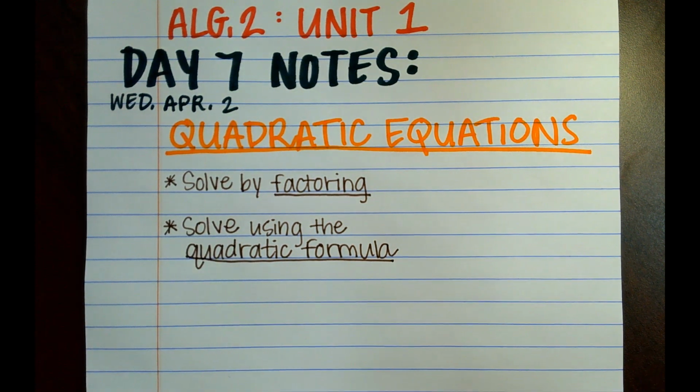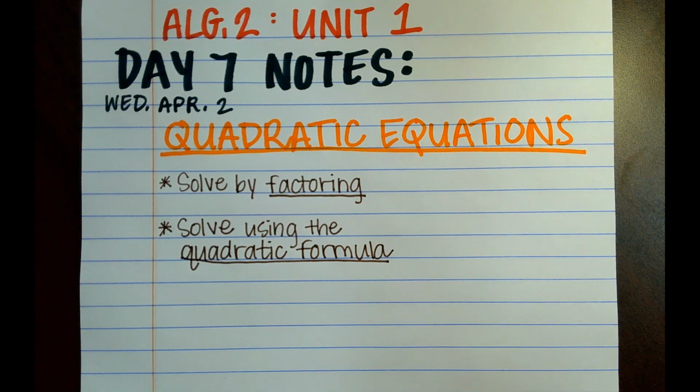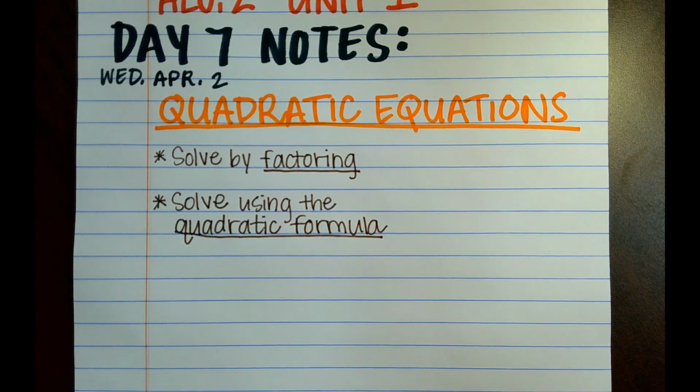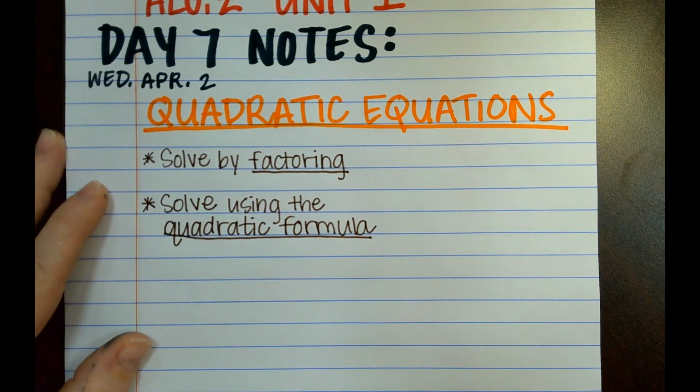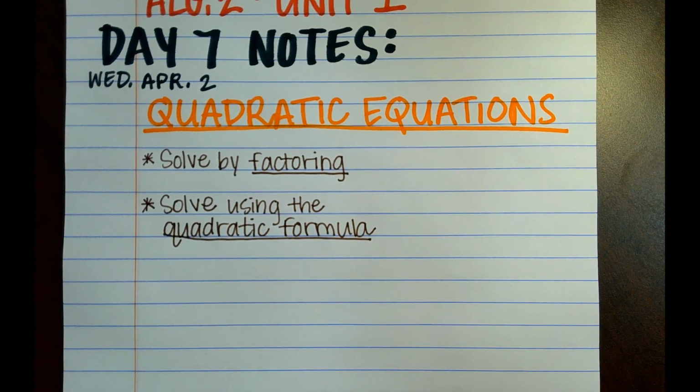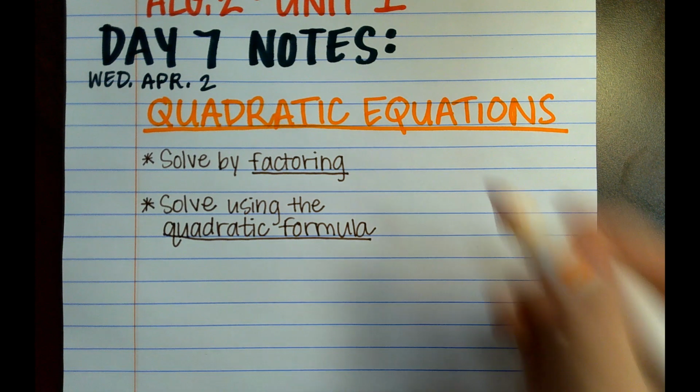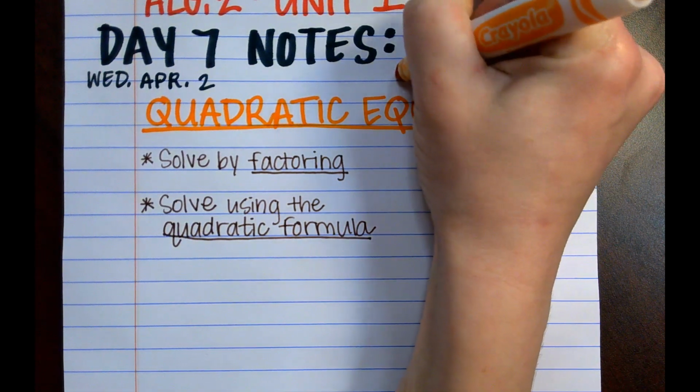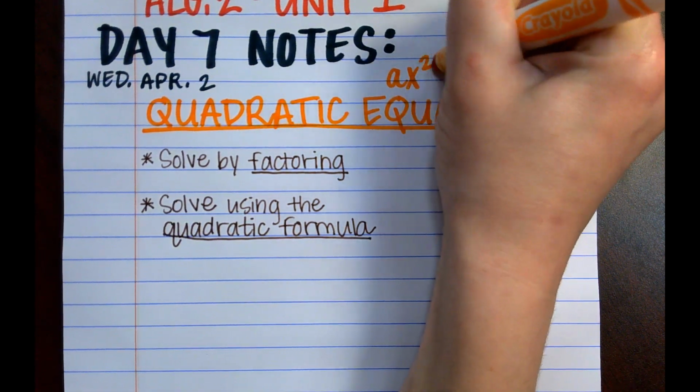Okay, so here's how we do this. First of all, we need to know the format of a quadratic equation. And in standard form, in the way that we normally see them, it is in that ax squared plus bx plus c, as we're used to. So I'll just write that up at the top here as a note.